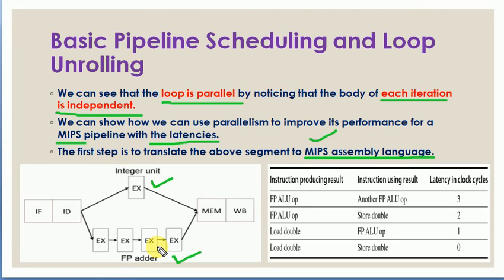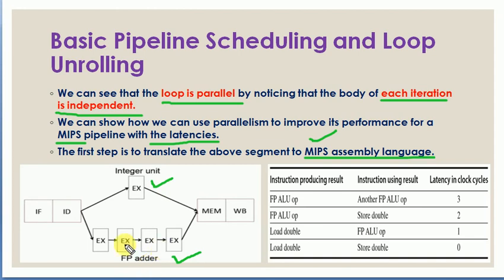So for this particular given for loop, we require only two units. One is an integer unit and the second one is an FP adder. This integer unit is used for calculating effective address for load and store operation, and this FP adder is used for adding the array element content with the scalar value.